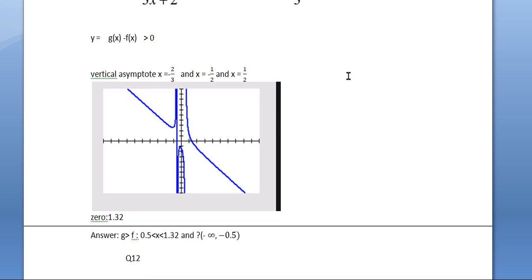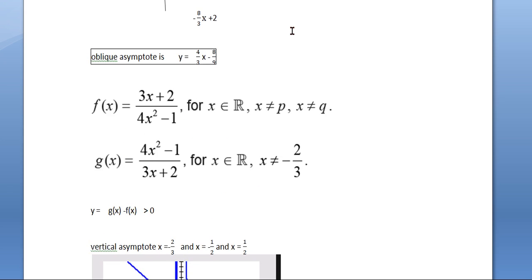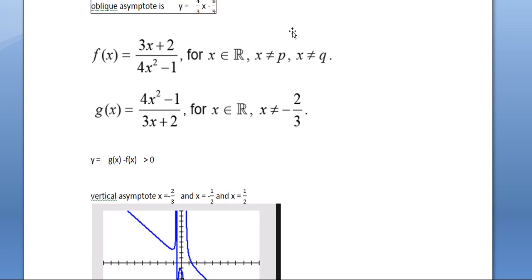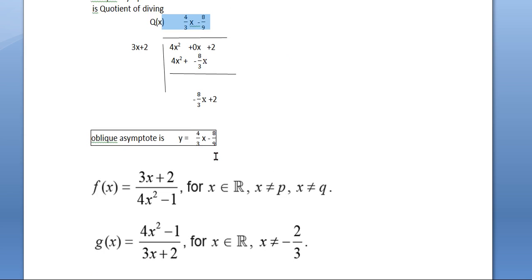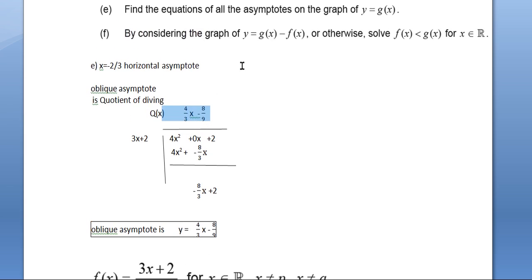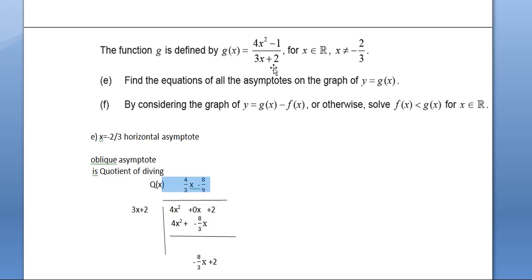So here we have graph, vertical asymptote, for some reason I forgot to put for 3, when we divide, let us see, when we divide, we should get positive asymptote.